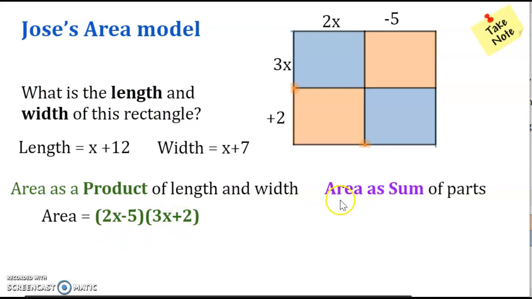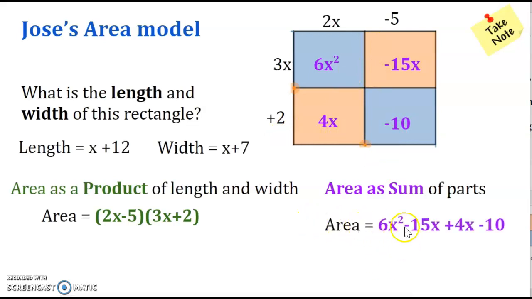And then for area as a sum of its parts, we basically need to figure out the area of each rectangle. That becomes 6x squared, negative 15x, 4x, and then negative 5 times 2 is negative 10. So the area as a sum becomes this expression, 6x squared minus 15x plus 4x minus 10.